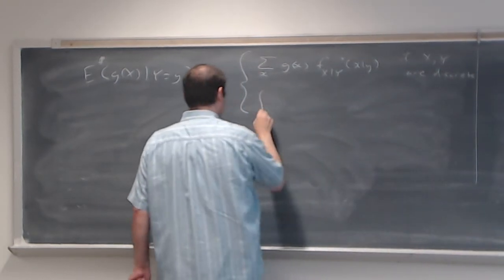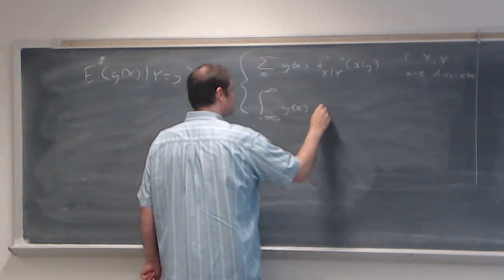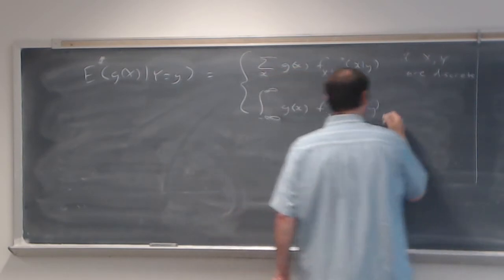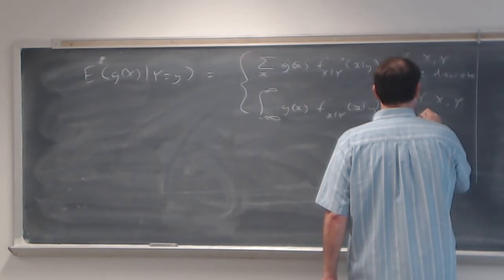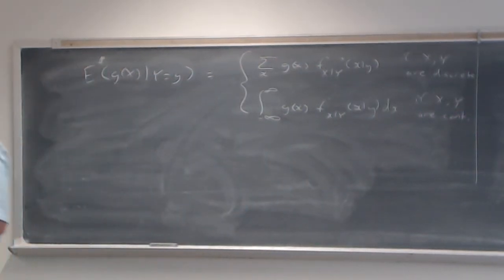Here, it's the integral from minus infinity to infinity of g of x, f of x given y, dx, if x and y are continuous. Let's look at an example of that.